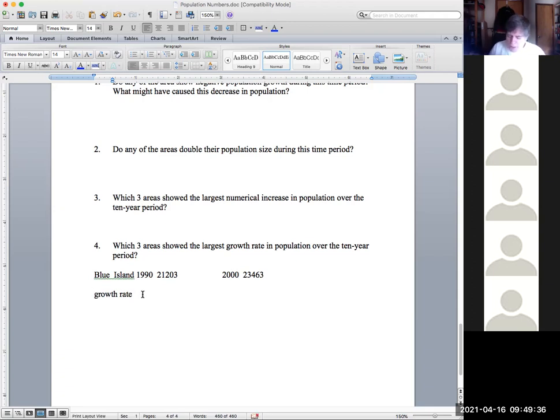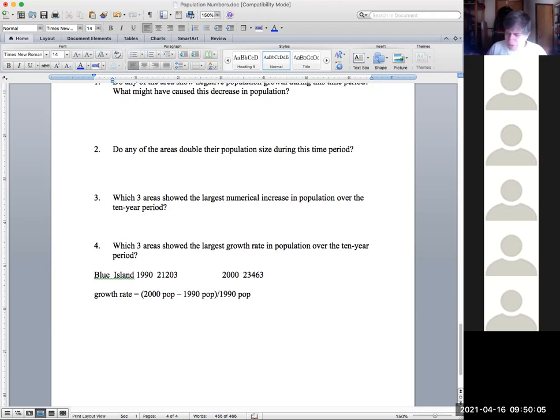So the growth rate is the 2000 population minus the 1990 population. I guess I should put these in parentheses. And then we're going to divide by our starting population, the 1990 population.